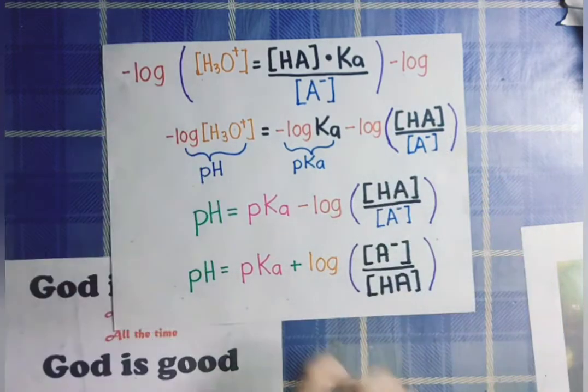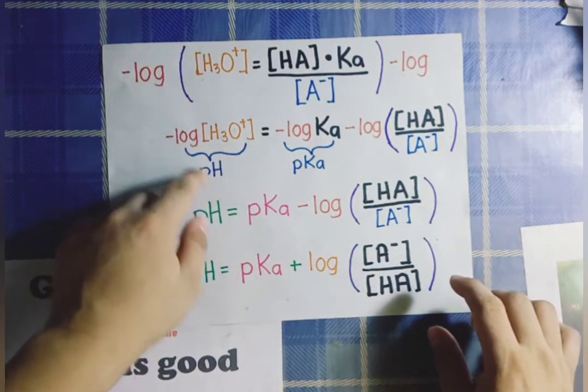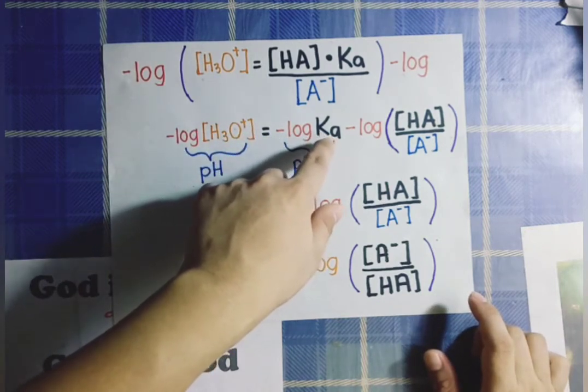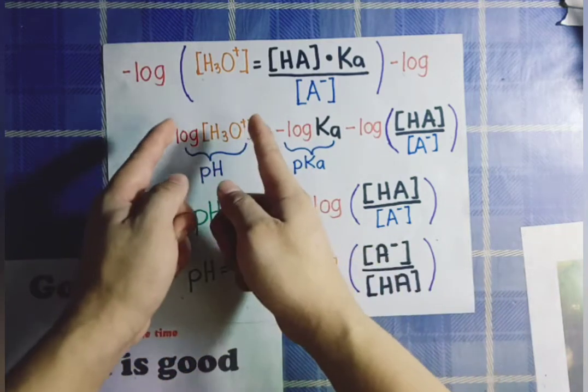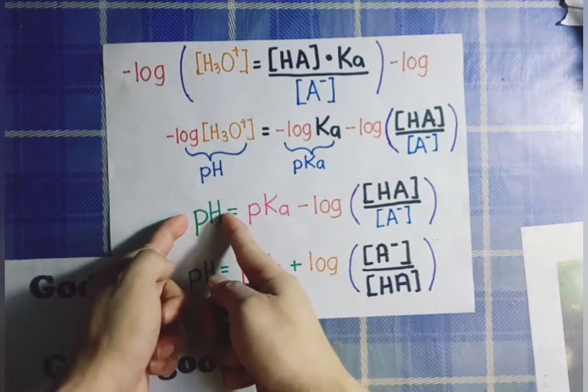Now, we already know that negative logarithm of hydronium ion concentration is also pH, and the negative logarithm of the dissociation constant for acid is also pKa. And therefore, instead of saying negative logarithm of hydronium ion concentration, we can just say pH.